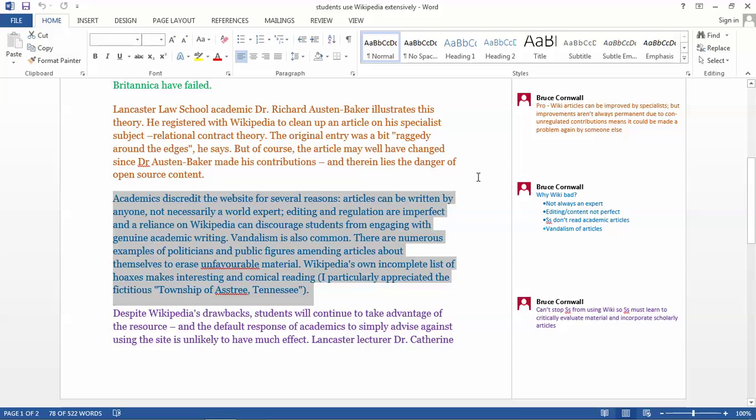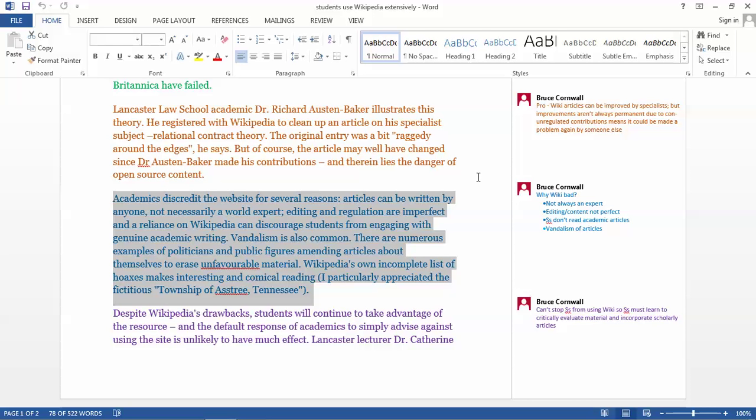And as I go through here, I actually realize that this paragraph is quite valuable, because now I'm prioritizing and I see that this is full of cons, so I'm going to be careful to make sure I get all the cons here. And I'm going to try and put it in my own words. And at the same time, I'm going to be thinking about what I know, connecting with what I know about Wiki. So now then, in the beginning the author said we're going to find out why Wiki is bad. Let's see. So we go through and we can see that contributors aren't always experts. The editing and content aren't always perfect.